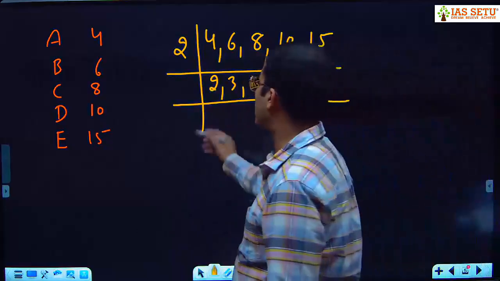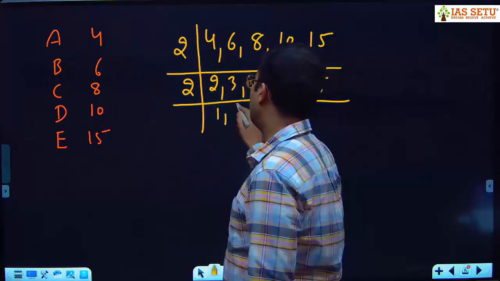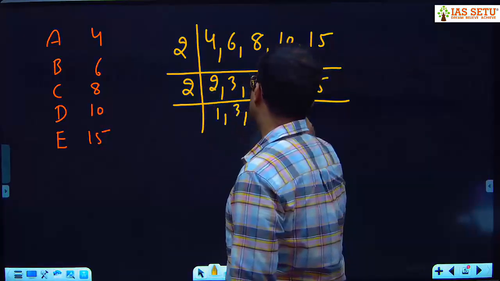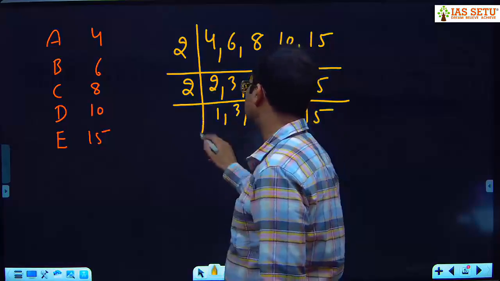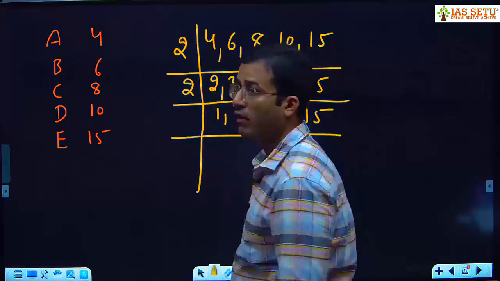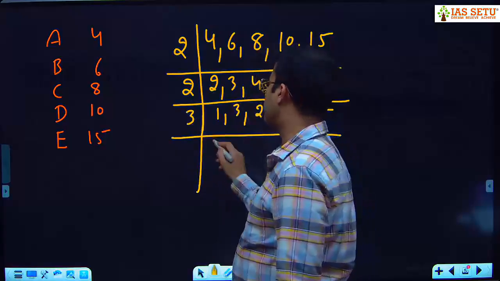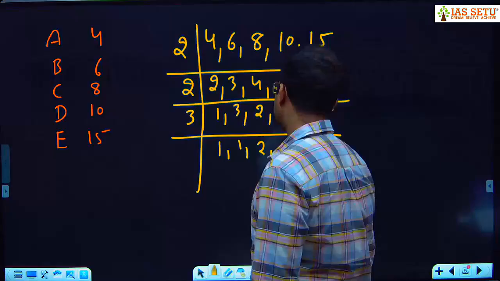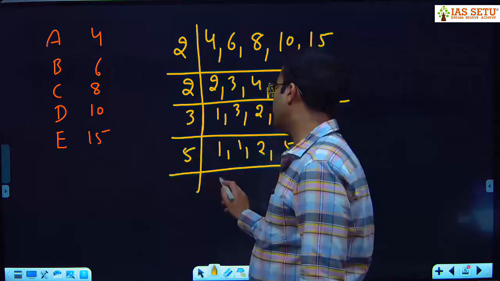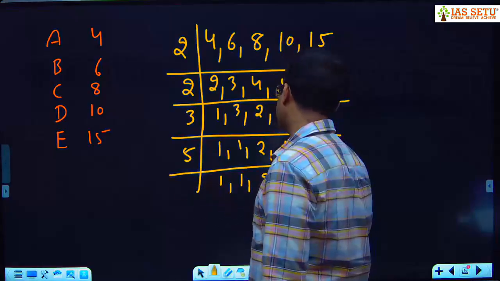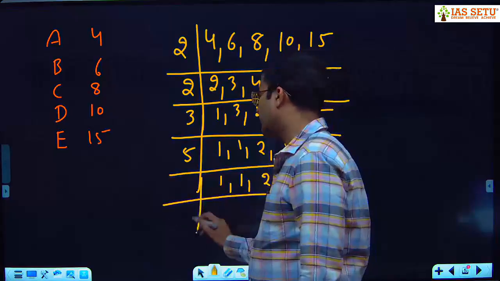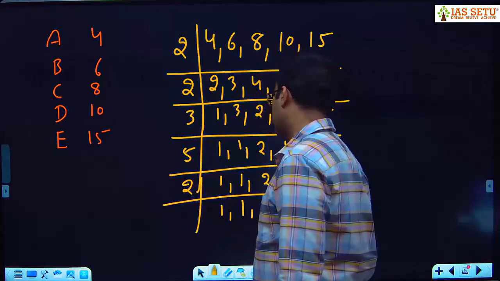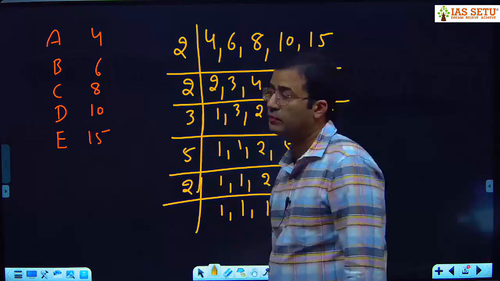Again we take 2 common: 1, 3, 2, 5, 15. We take 3 common: 1, 1, 2, 5, 5. 5 common: 1, 1, 2, 1, 1. Take 2 common: 1, 1, 1, 1, 1.